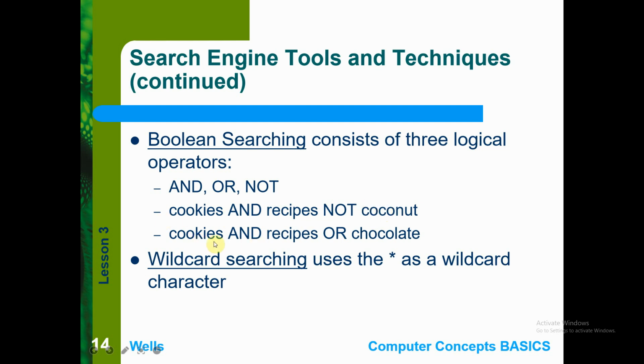And the same here, cookies and recipes or chocolate: it will show the results of cookies and recipes, or cookies and recipes and chocolate. It widens the results because of the or Boolean operator, wherein the result is either one of the two or the combination of both with chocolate. So that is an example of how you use logical operators in Boolean searching whenever you do internet research.